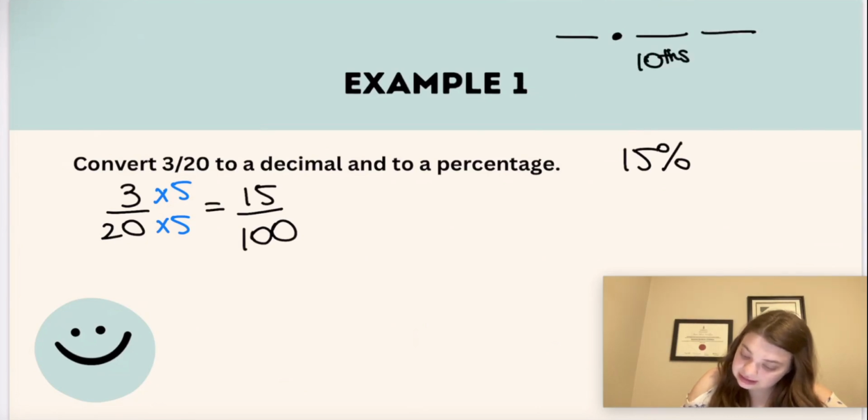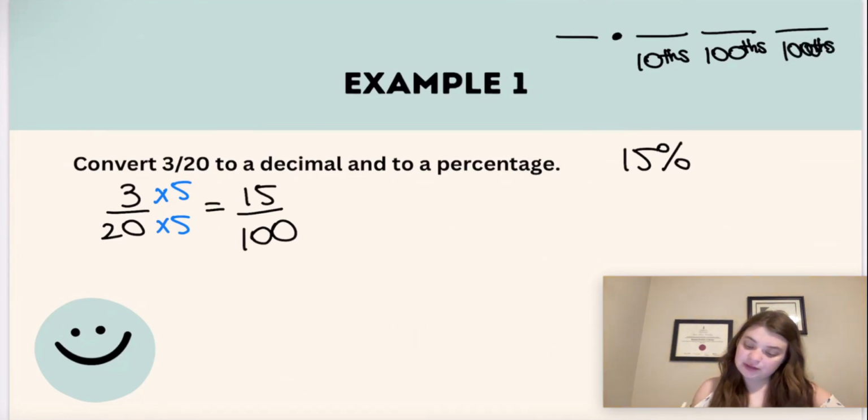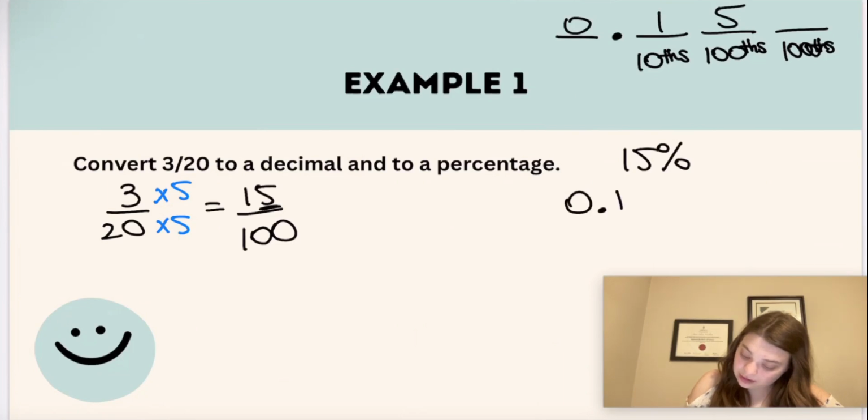And then the second one is the hundredths place. And then a thousandths place, and so on. And so in this case, because it's out of 100, that means my final digit, which is 5, needs to end up here, and then all the other numbers accordingly. And so therefore 0.15 is the decimal version of 3 over 20.